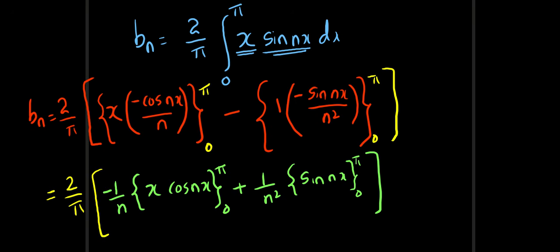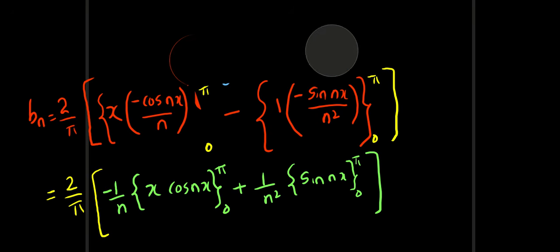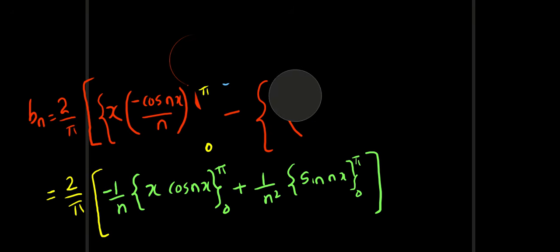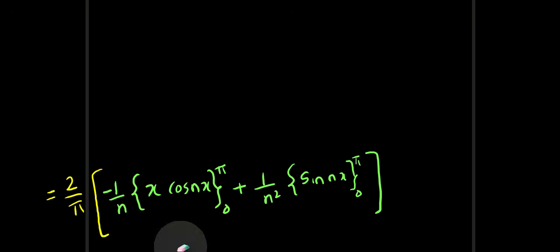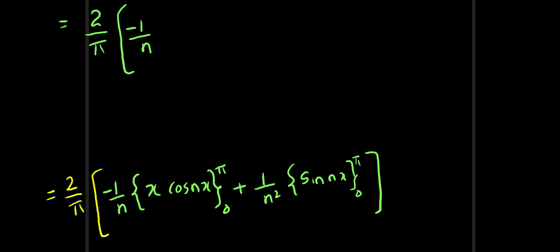Now I'll erase the line above. So, okay, let's try it. So we're going to get 2 by pi, minus 1 by n. Now look at this.